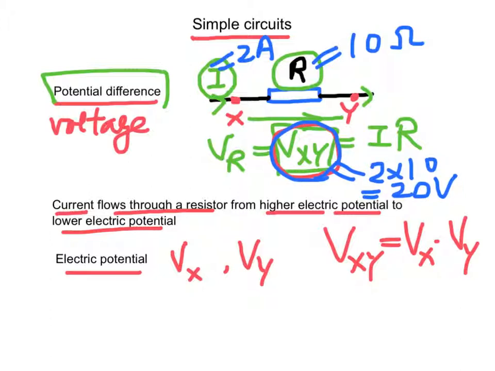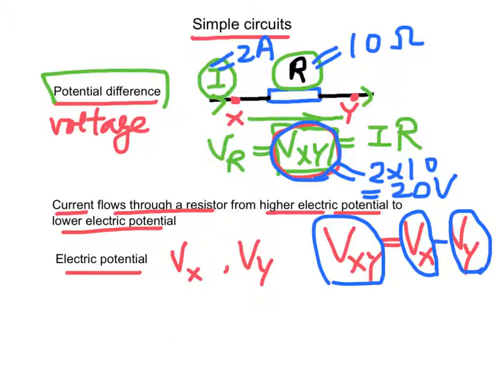That means the potential at X minus the potential at Y would be equal to 20 volt. Or we say the potential at X is higher than the potential at Y by 20 volt.